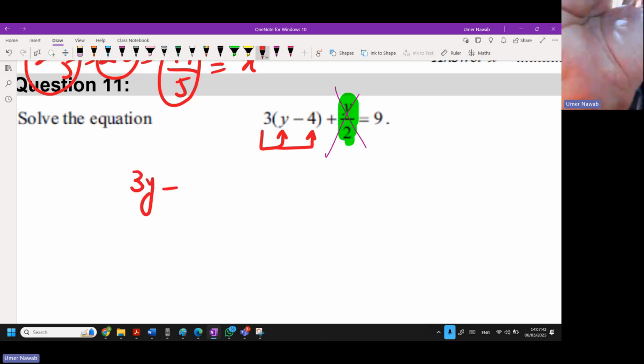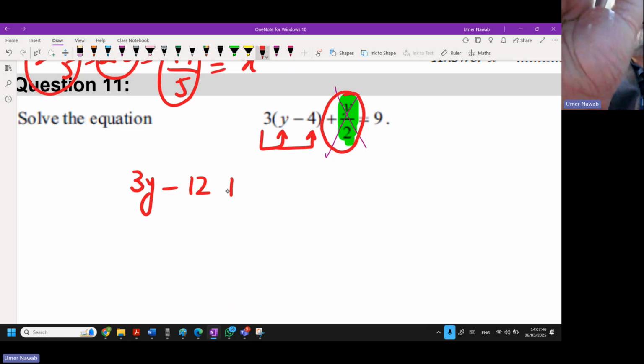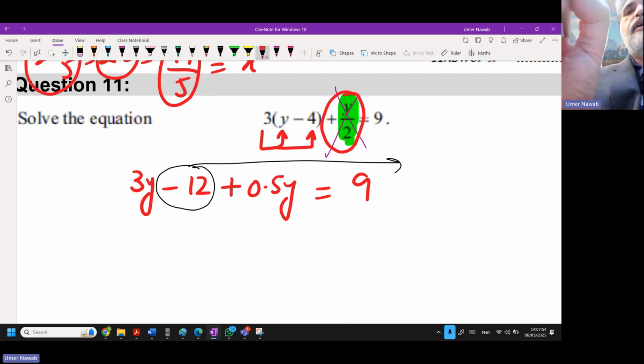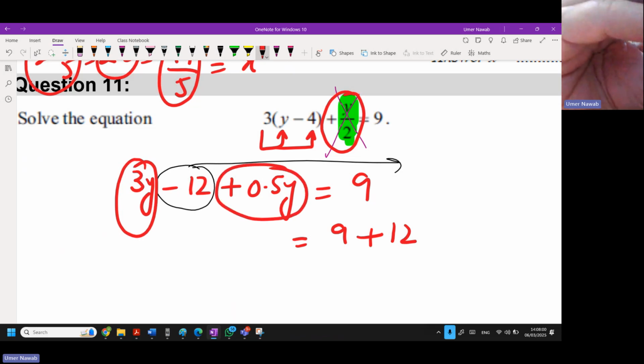3y minus 3 times 4 is 12. But in place of y over 2, I'm going to write 0.5y is equal to 9. Now, this -12 will be shifted to the right, and I will write here 9 plus 12. However, 3y plus 0.5y will give me, oh, no, not 4, 3.5y.